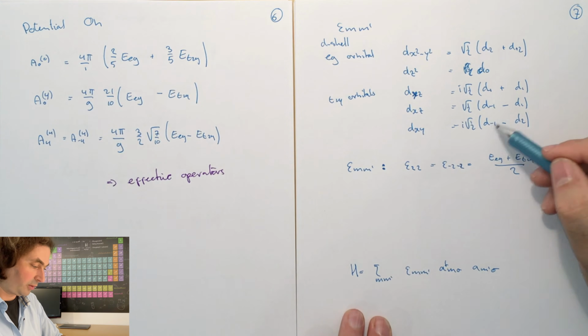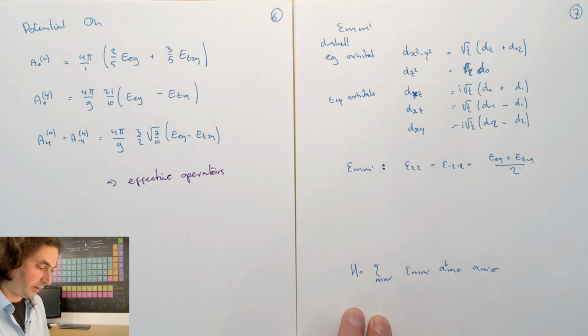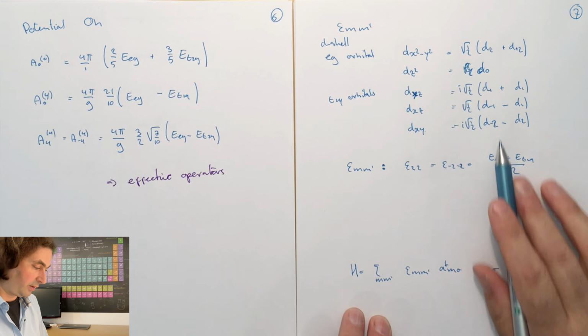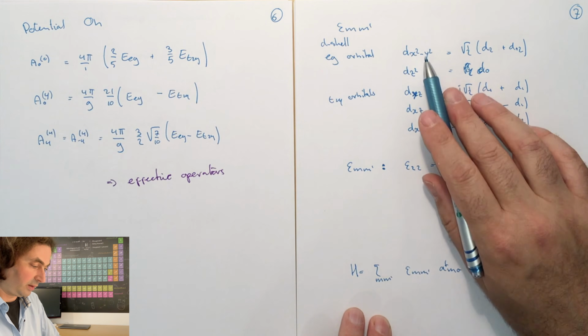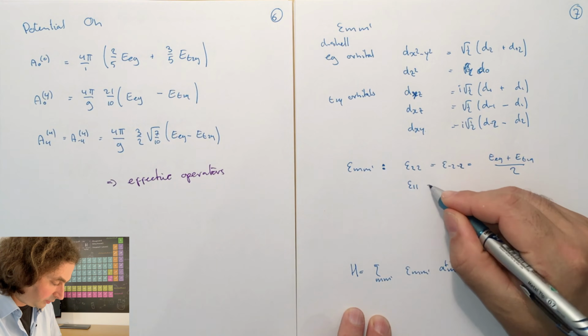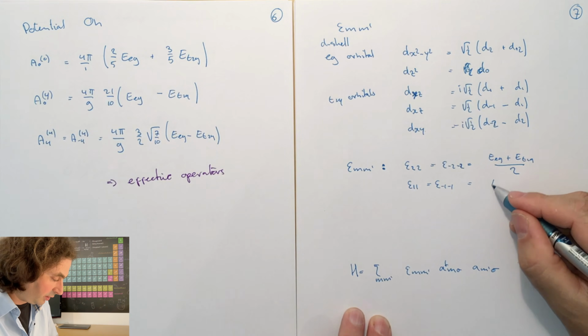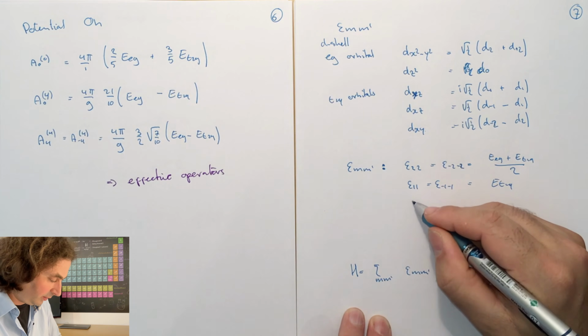The 2 and the minus 2 are a linear combination of x squared minus y squared and xy, such that the sum of the two energies is the energy of an EG and a T2G. Now epsilon 1, 1 is epsilon minus 1 minus 1, and both of them are T2G, so that is E T2G.